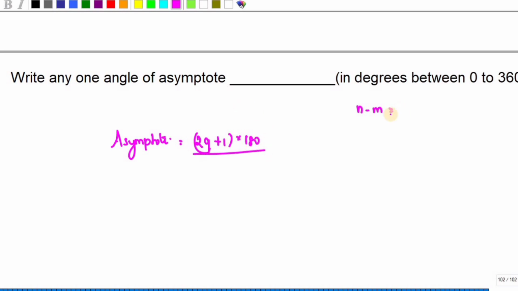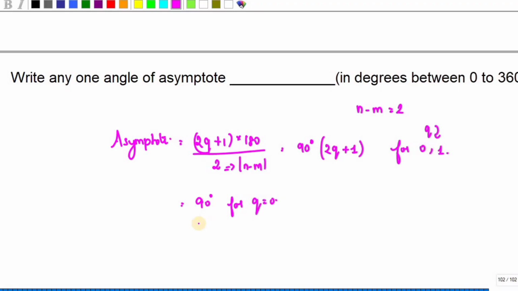Since it is 2, q varies from 0 to 1. If I substitute q equal to 0, I get 90 degrees, and for q equal to 1, I get 270 degrees. Since they asked for only one angle, I take 90 degrees.